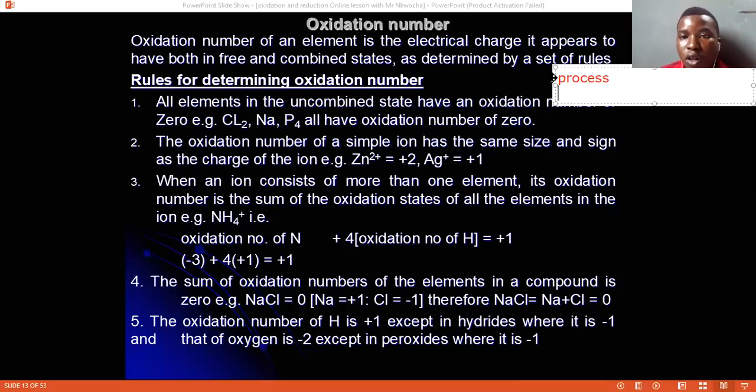The process that involves loss of an electron is called oxidation, while the process that involves the gain of electron is called reduction.